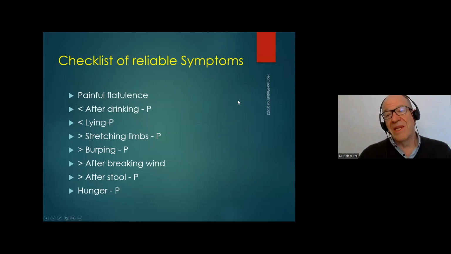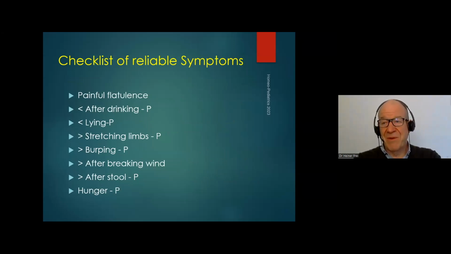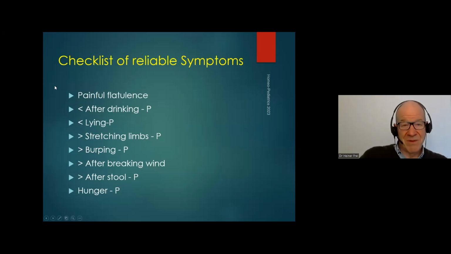Normally, in practice, I just ask the parents about the symptoms, or if they don't have any, I tell them, please take the checklist and observe what you can. So here we have the symptoms of this little girl. Painful flatulence, it's worse after drinking. That is a frequent symptom.